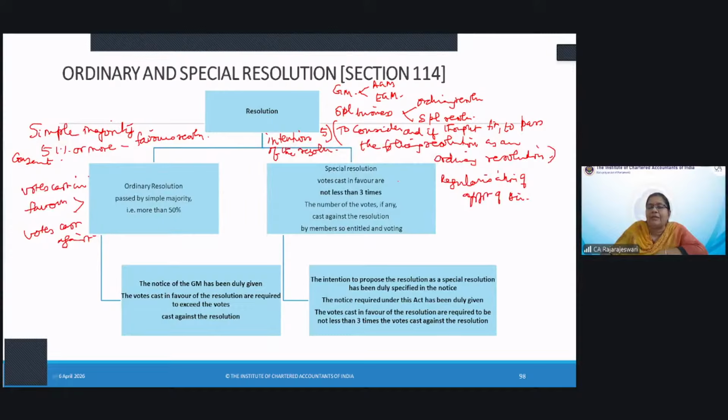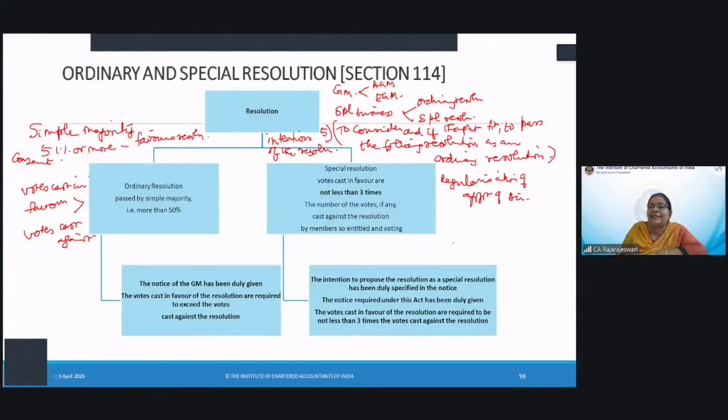Suppose you are going to pass this resolution as a special resolution. To consider and if thought fit to pass the following resolution as a special resolution, then you have to give the explanatory statement also. For any special business, explanatory statement is essential, whether it is an ordinary resolution or a special resolution, since it forms part of a special business.